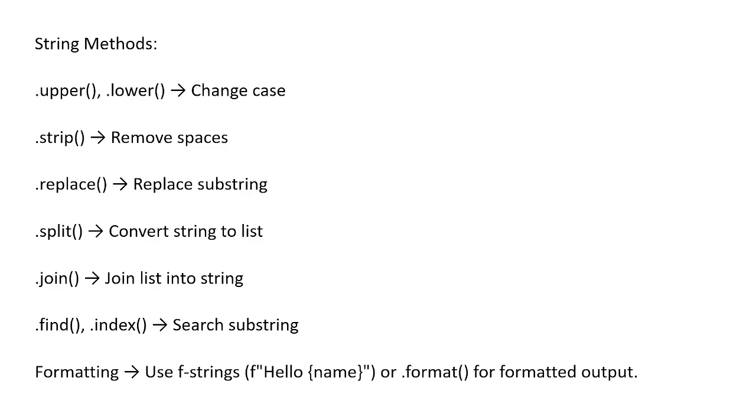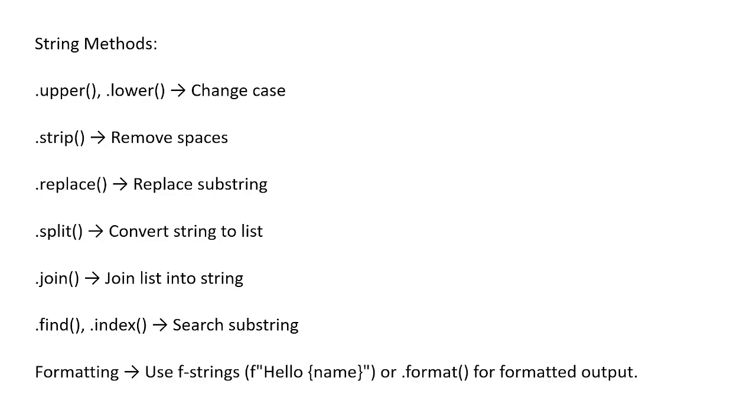And find and index: you need to find some value from the index. Suppose you need a 2, it finds the 2 like that. The index value, as you already know, is taken starting from 0. And here the f-string is there.